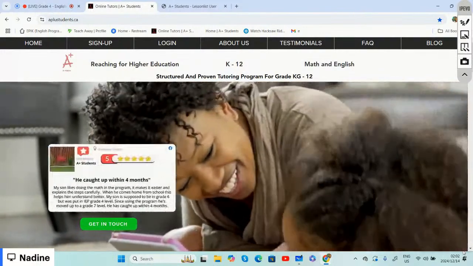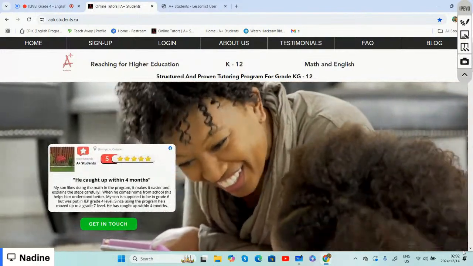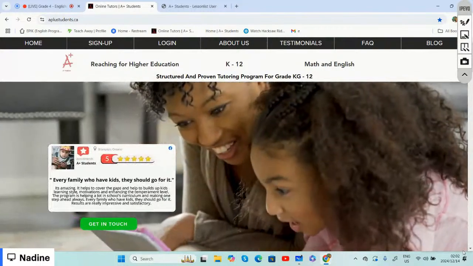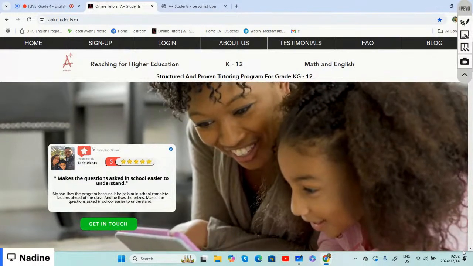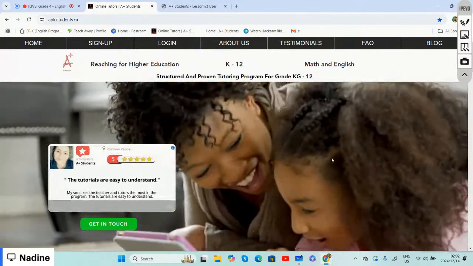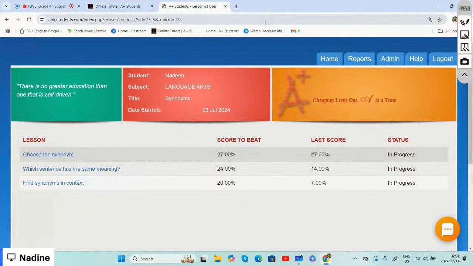We're doing grade 4. And then we're going to scroll down until we get to our chapter of synonyms.